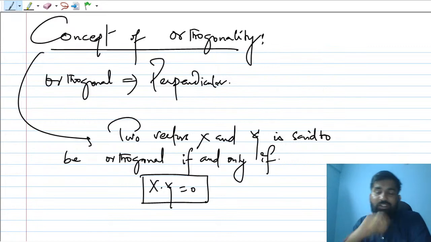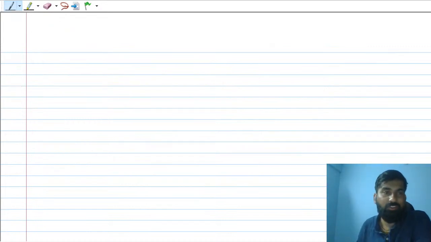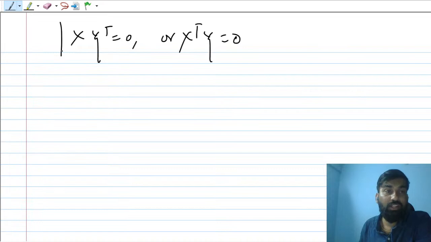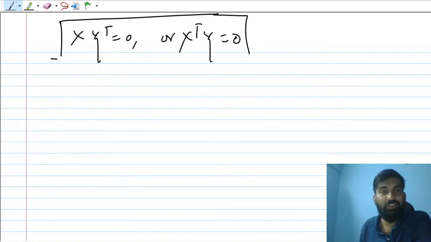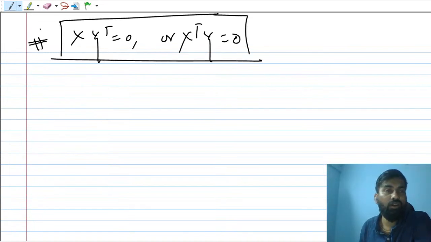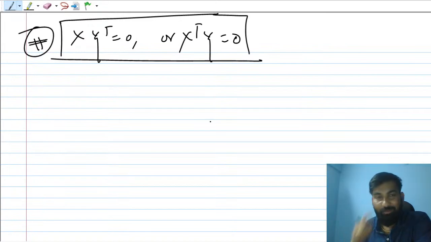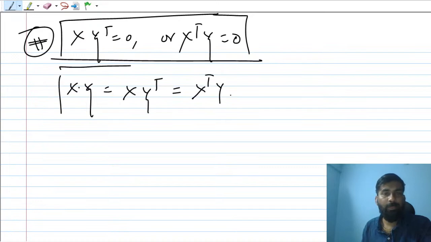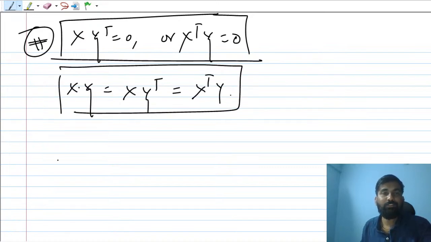Now you know what the dot product means. Sometimes they might give you x y transpose equal to 0 or x transpose y equal to 0. Don't get misunderstood. This is a very important condition for orthogonality, because we can write the dot product x dot y as x y transpose or x transpose y.